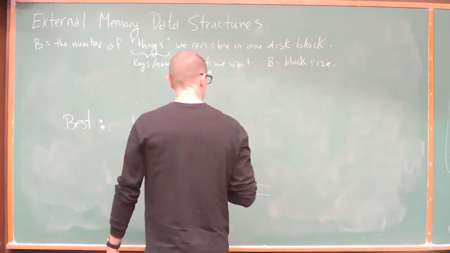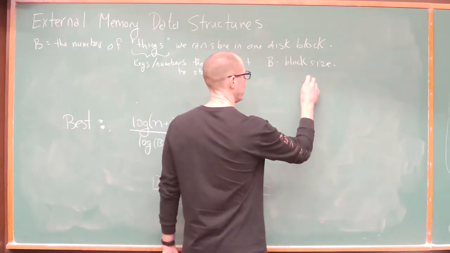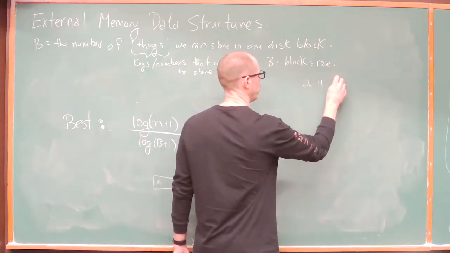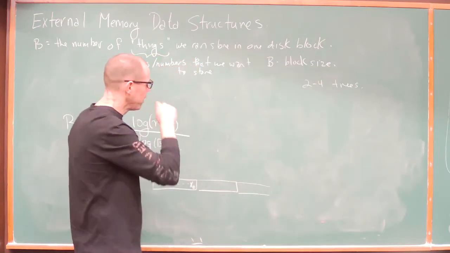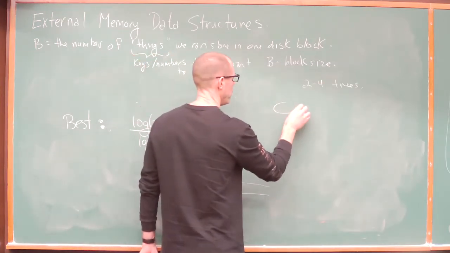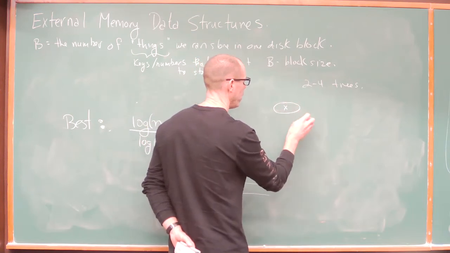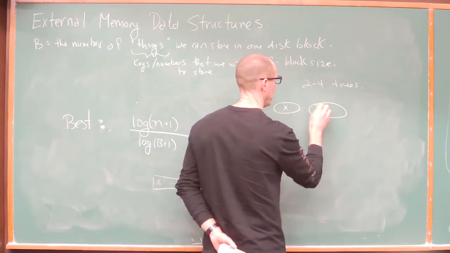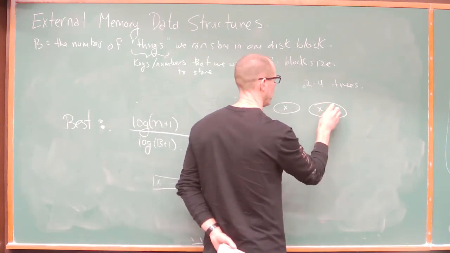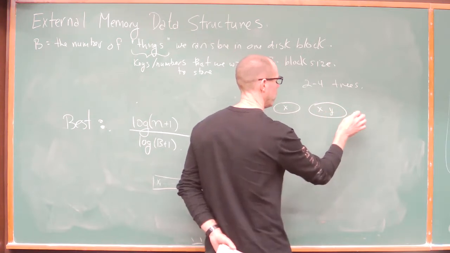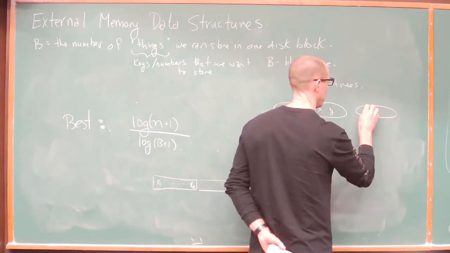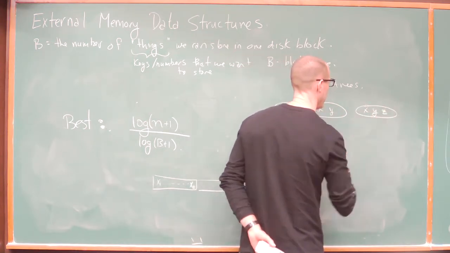No. So we've seen 2-4 trees. What are 2-4 trees? These were trees where a node stores either one value, or 2 values, or 3 values.